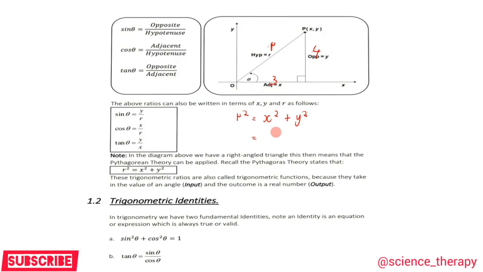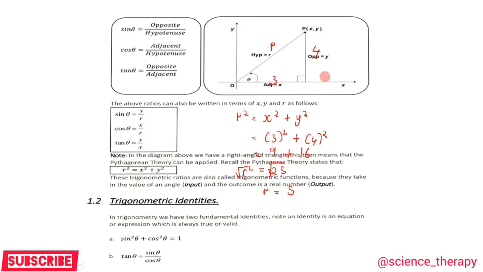Then our x being 3 squared plus y, that's 4 squared. 3 squared becomes 9, 4 squared becomes 16. Then what is 9 plus 16? That gives us 25. If you root both sides, you will have r is equal to 5, right? So you have r is equal to 5, and you would have calculated the missing side.